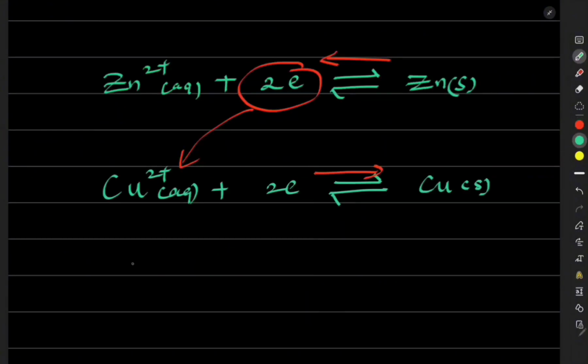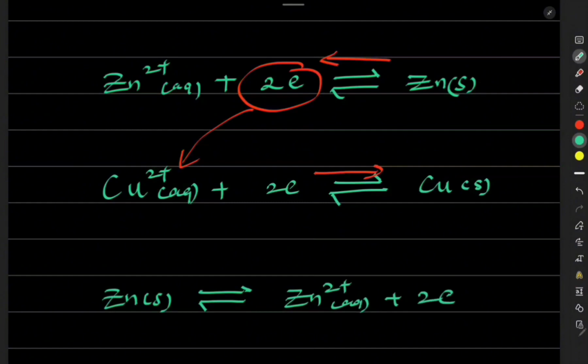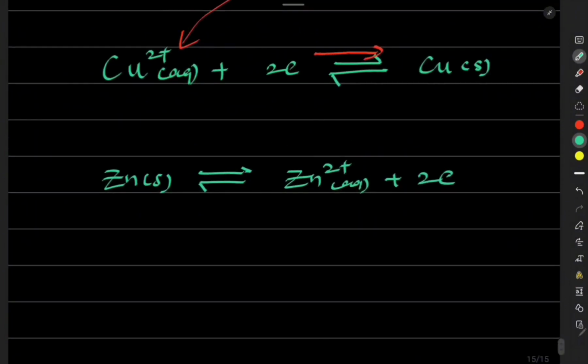I'll repeat it again. Here the zinc is undergoing an oxidation reaction. So zinc will form zinc 2 plus aqueous plus 2 electrons, and here copper 2 plus aqueous plus 2 electrons.